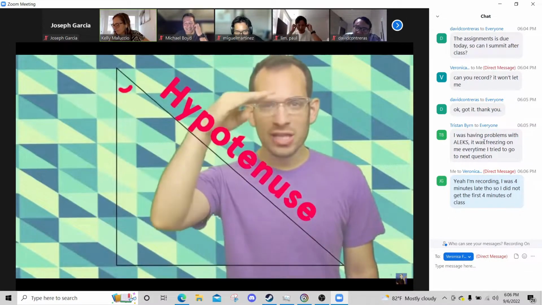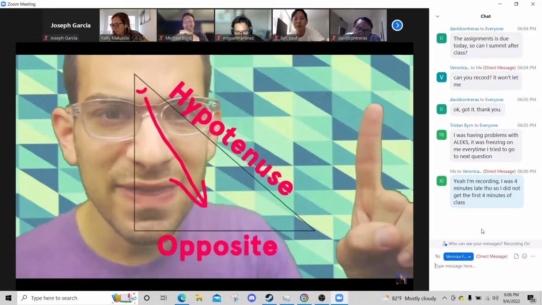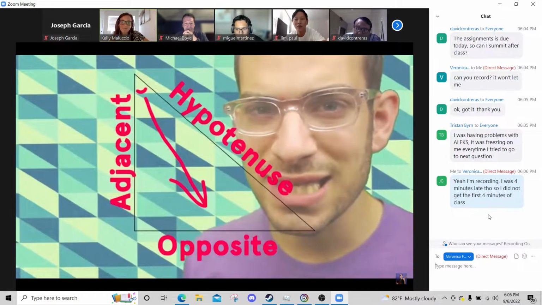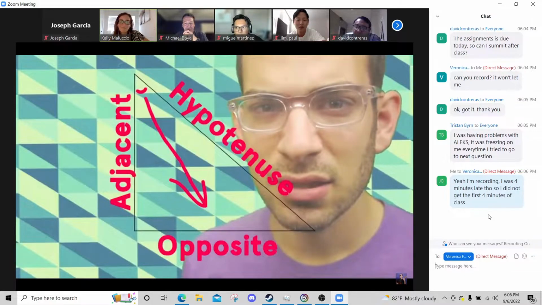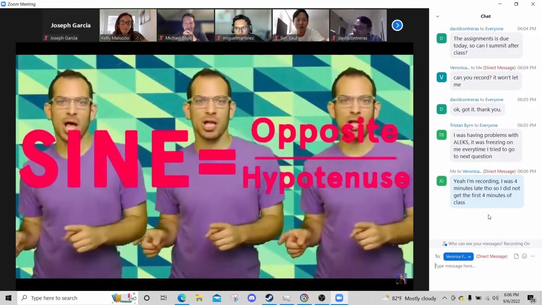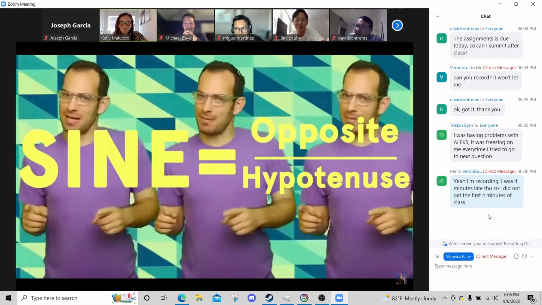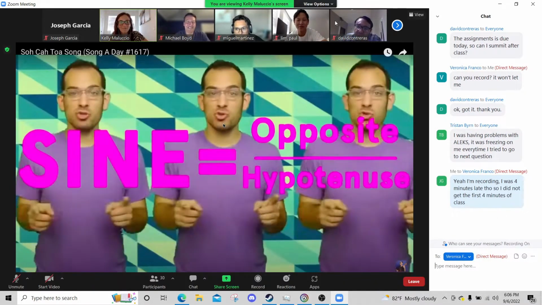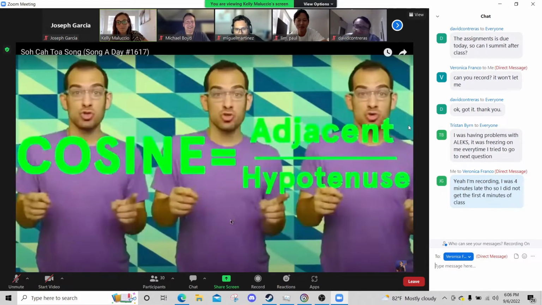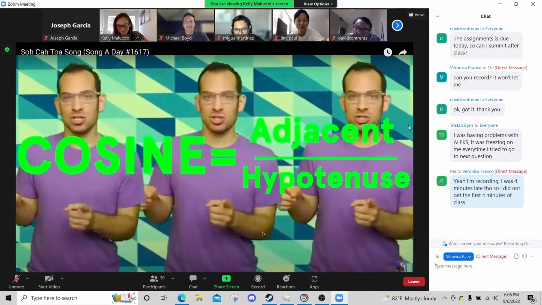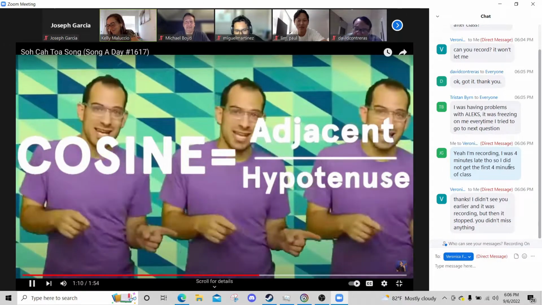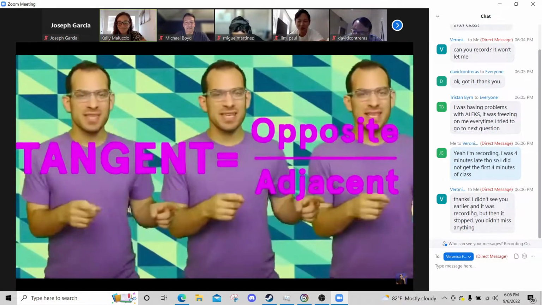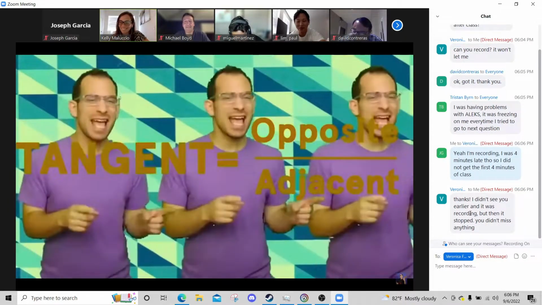Pick one angle and look. There's one side that's the opposite. You can clearly see that there's also an adjacent side. Sine, opposite hypotenuse sine, opposite hypotenuse sine, opposite hypotenuse cosine, adjacent hypotenuse cosine, adjacent hypotenuse cosine, adjacent hypotenuse tangent, opposite adjacent tangent, opposite adjacent tangent, opposite adjacent.